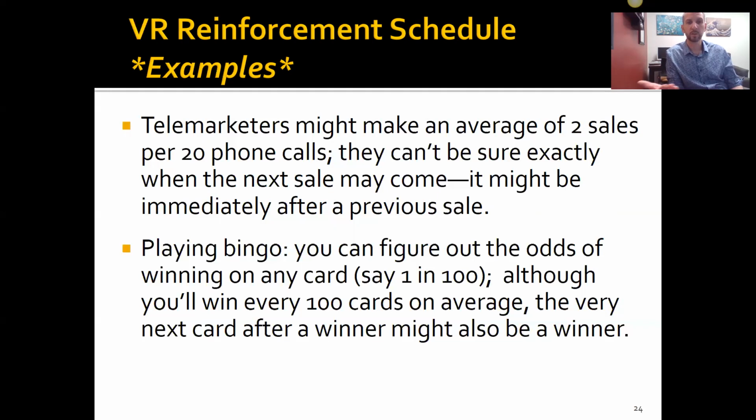Another example, you could play bingo. You could figure out the odds of winning on any card. You say, oh, well, it's 1 in 100. You may win 1 in 100 cards on average, but you could win, and then potentially you could also win again. And gambling in general is a good example of this.